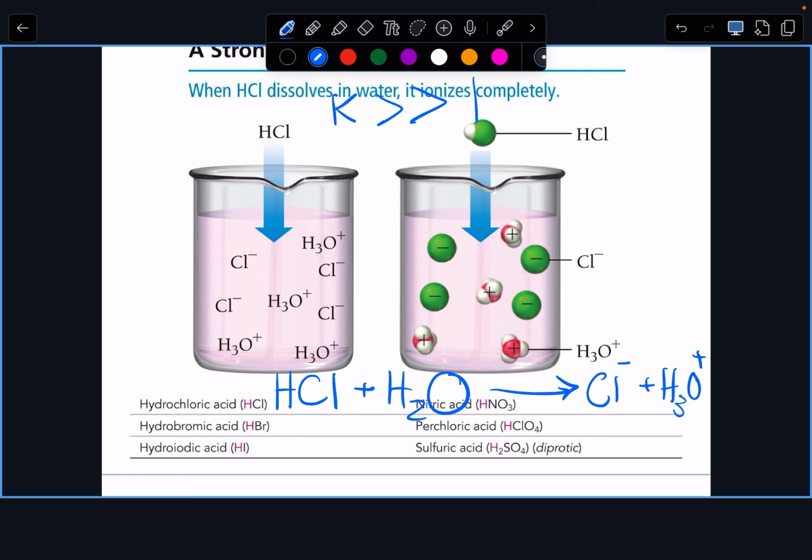Which means if you have a 1.8 molar solution of HCl dissolved in water, you will then have 1.8 molar hydronium ion, H3O+. So it makes calculating pHs and stuff really, really easy.